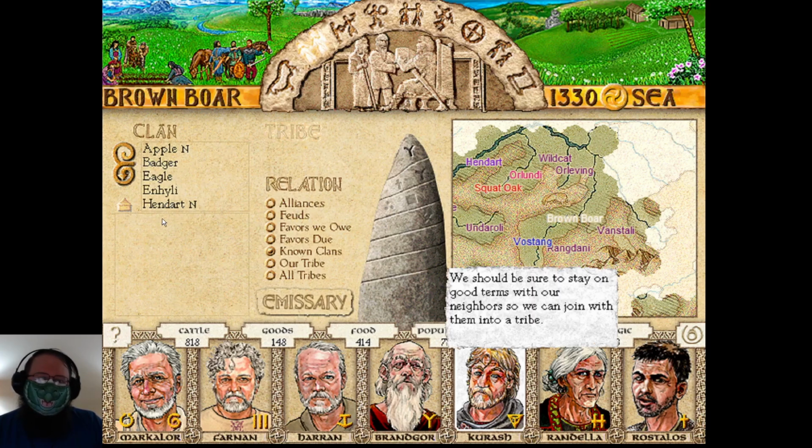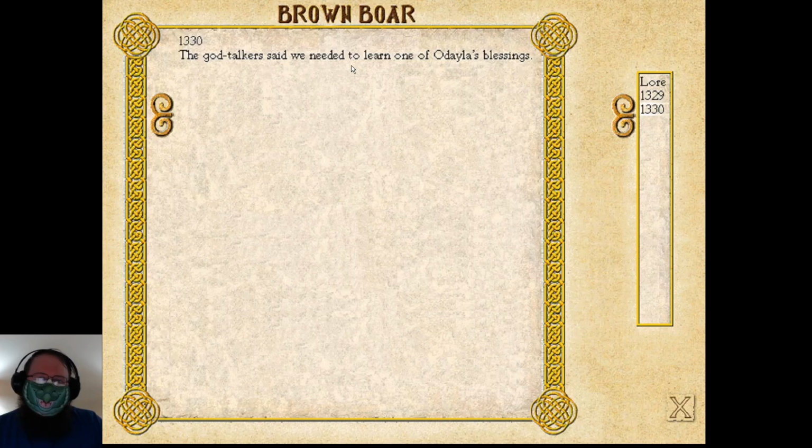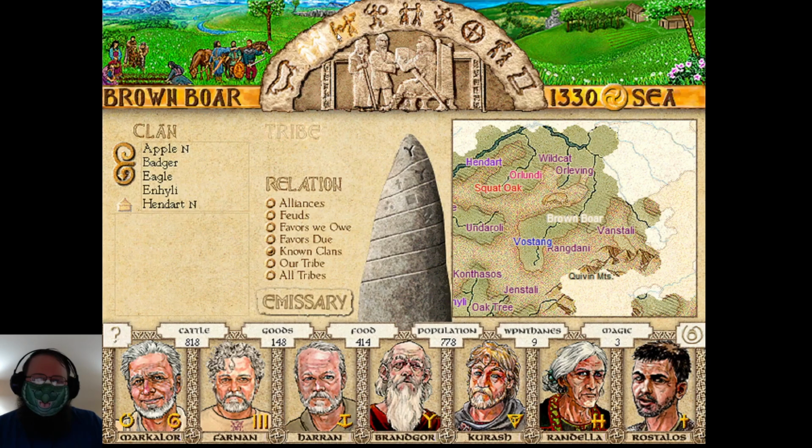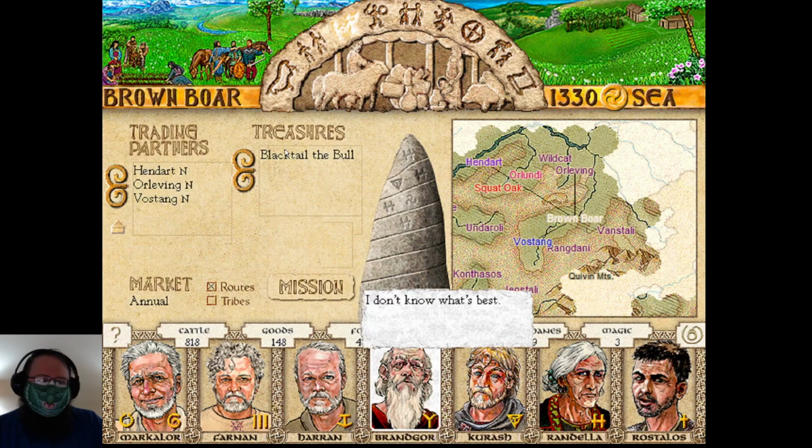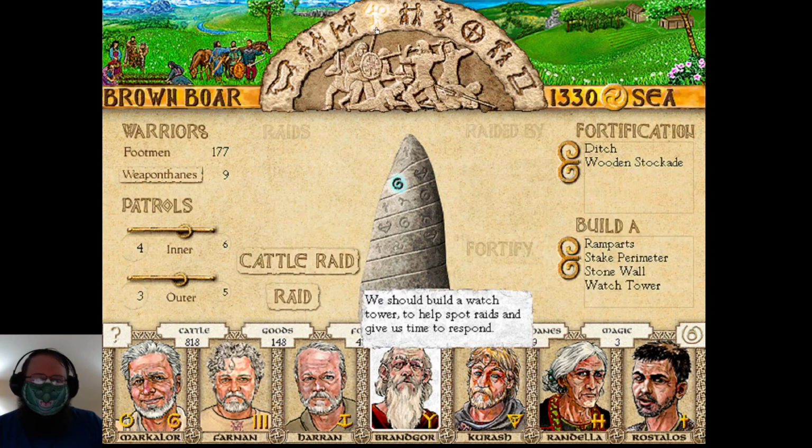Dang it, I can't remember. The sea... Cordelia's... Okay. Oh, treasure. A really fine bull who sires more calves than normal. Cool. We should build a watchtower to help spot raids. And here's the inner-outer patrol.